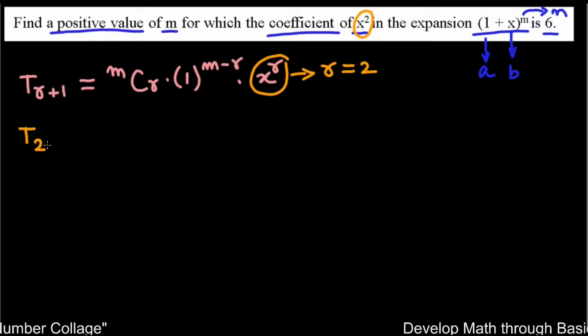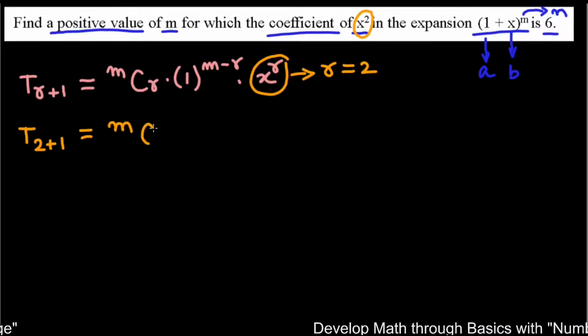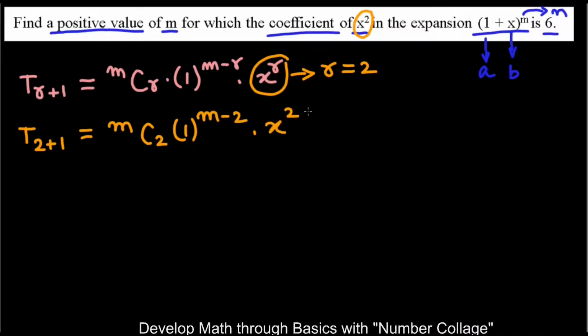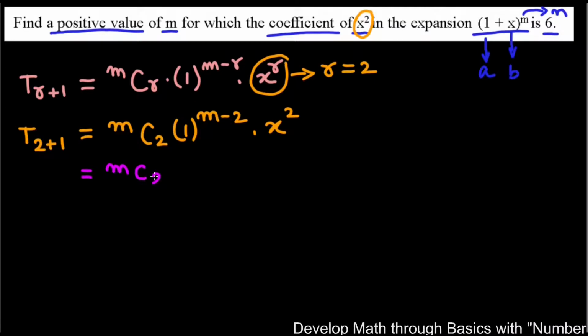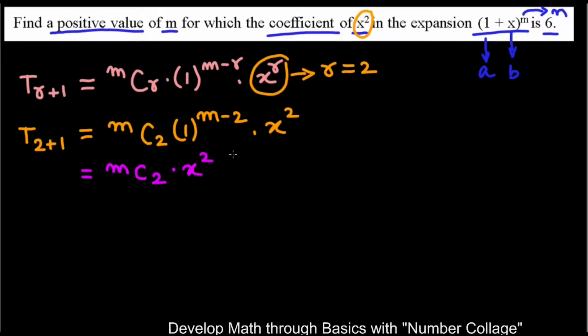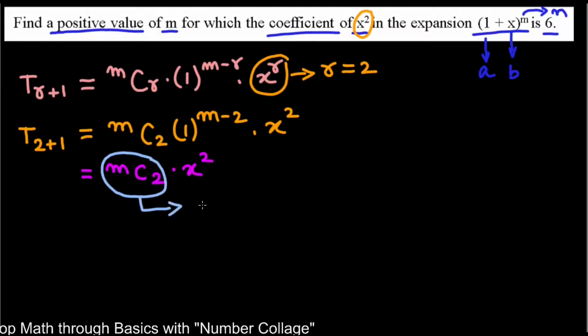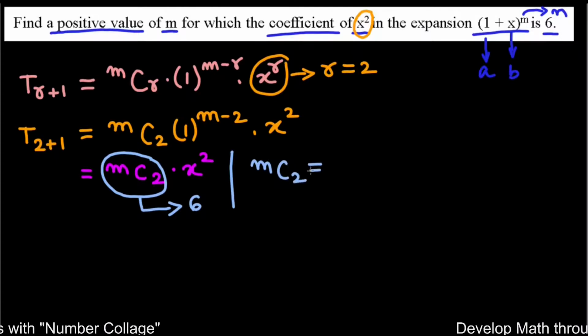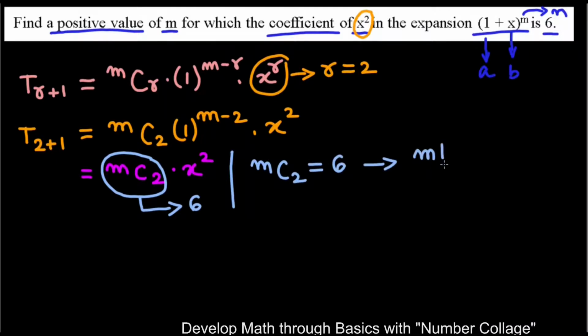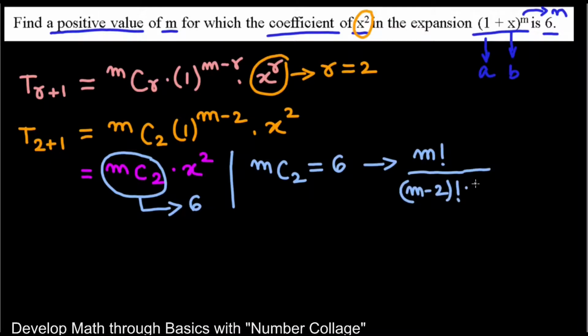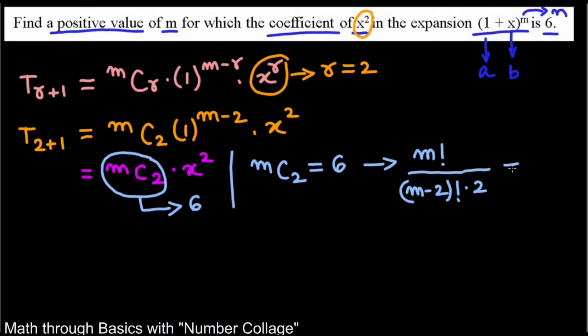General term T(2 plus 1) will be m C 2 into 1 raised to m minus 2 into x square, which will be m C 2 x square, since 1 raised to m minus 2 will be 1. Now here the coefficient of x square, which is m C 2, is given to be 6, so we write m C 2 equals 6, which will be m factorial upon (m minus 2) factorial into 2 factorial, which is 2, equals 6.